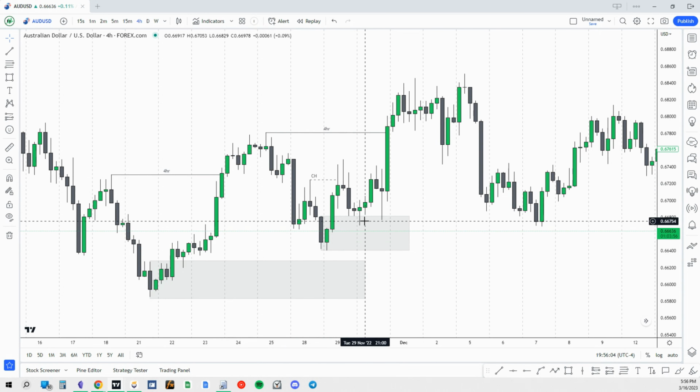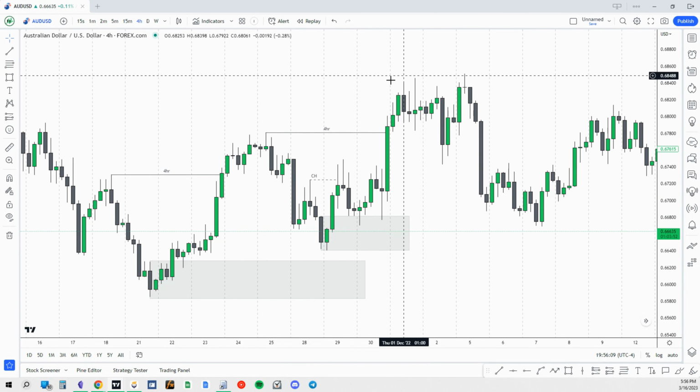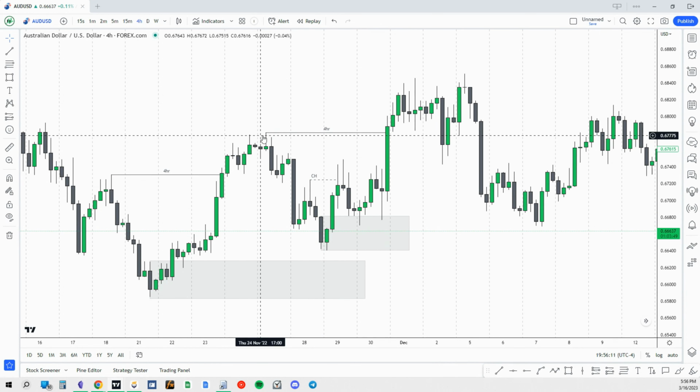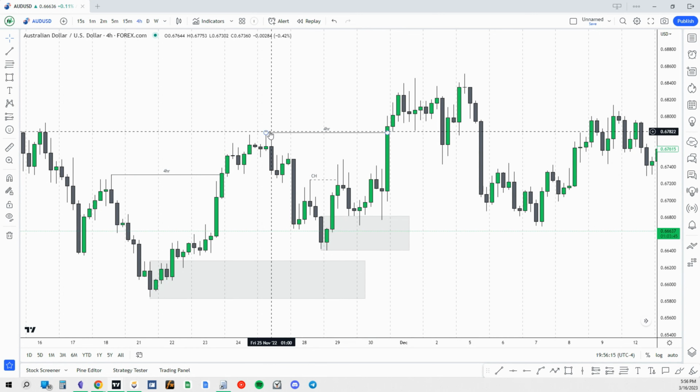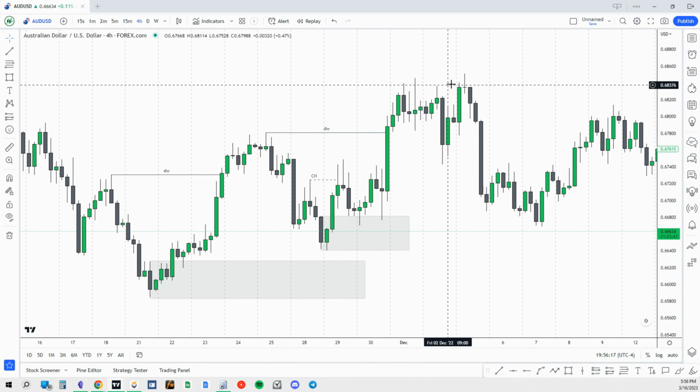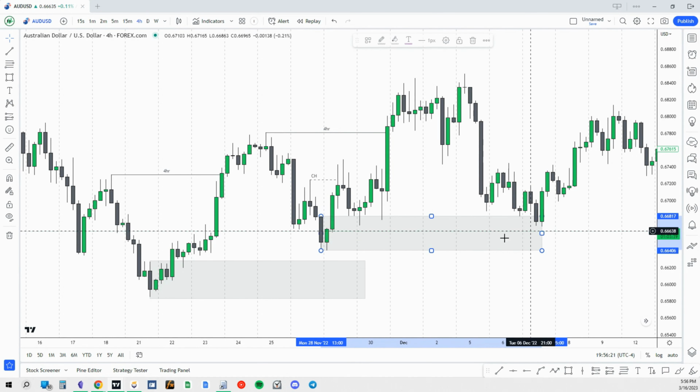So learning to understand and look for a change of character, which is happening right here, would actually allow you to get in this move to catch that new high instead of waiting for the actual break of structure. If you didn't use a change of character at all, you would need to wait for a break of structure here and wait for it to retrace back into this demand zone, which it does hit again, you can see.